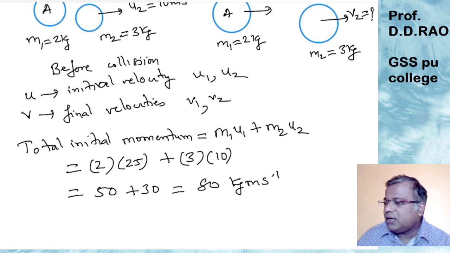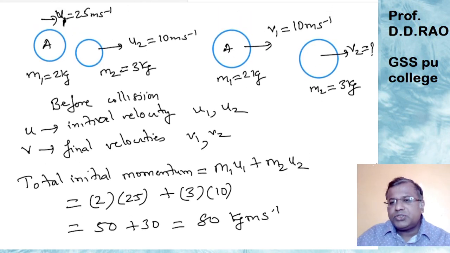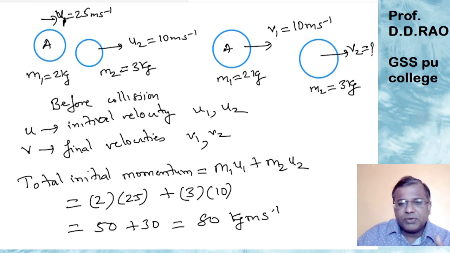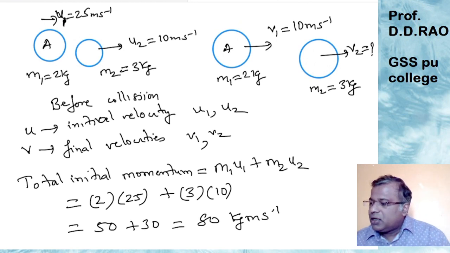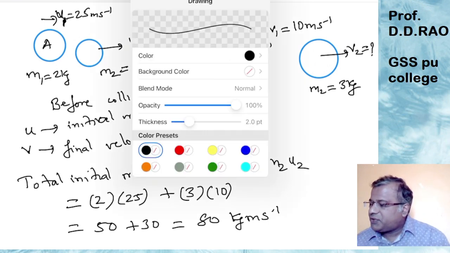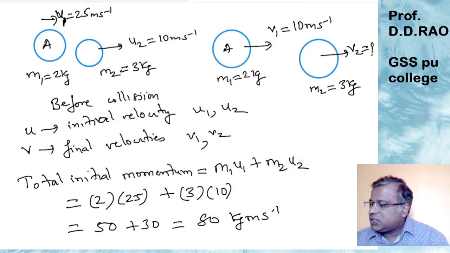Now my question was to find the final velocity v2 after collision.